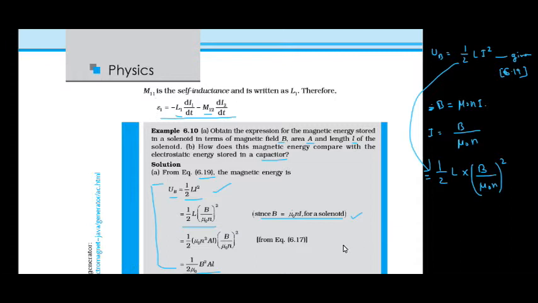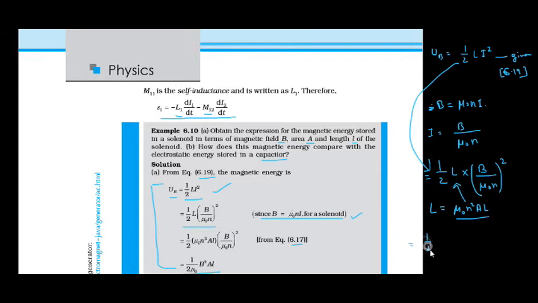Now instead of L we can write L is equal to mu naught N square AL, which we derived a few minutes back in equation 6.17. So instead of L, just put this value.